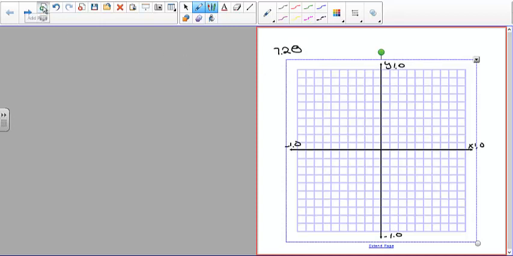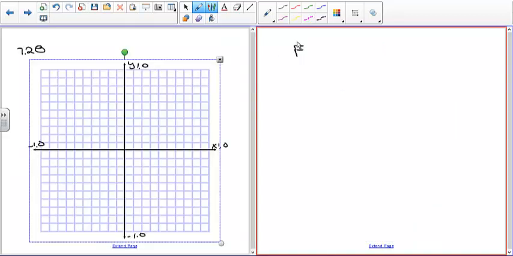And in this case, the force vector is only in the x direction. It's always in the x direction. There's no y component. So it's got a negative sign here.